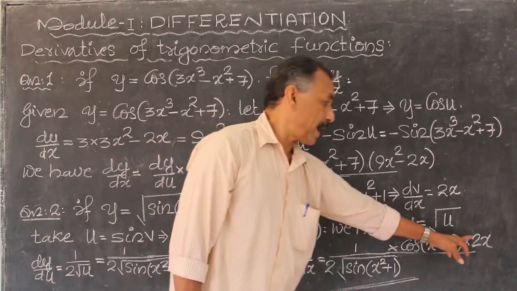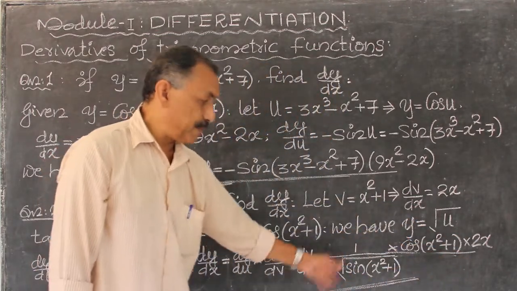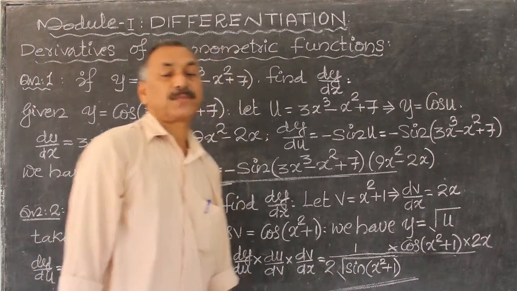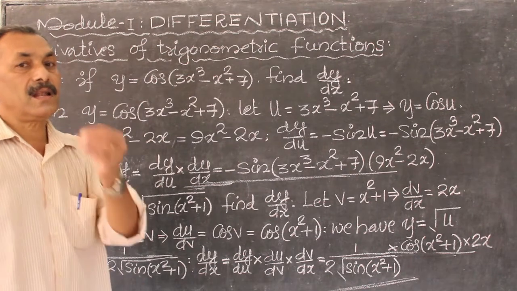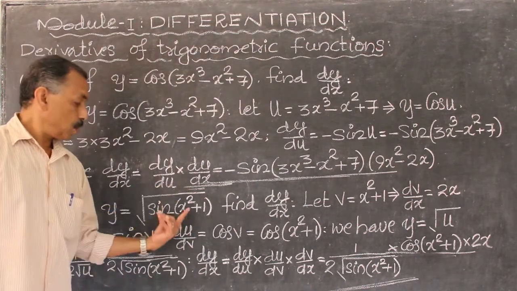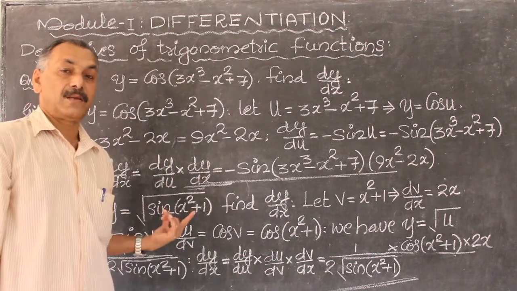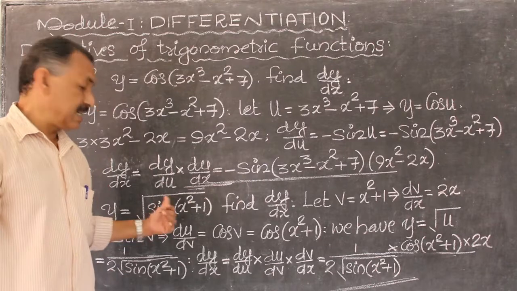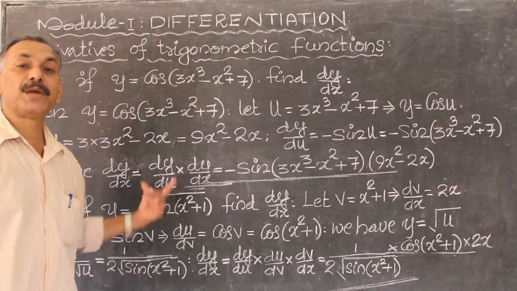The 2 cancels, so we get x into cos of x square plus 1 divided by root of sin of x square plus 1. Here, the derivative of root u is 1 by 2 root u.